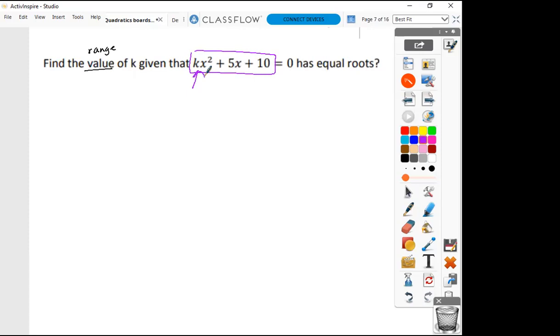Okay, in this case, K. What you're wanting to do here, when you see that word roots, you know you're going to put it in the format b squared minus 4ac. When we go through the process of solving that, instead of the letter A, we're going to substitute in K.